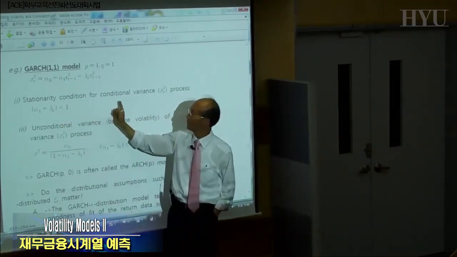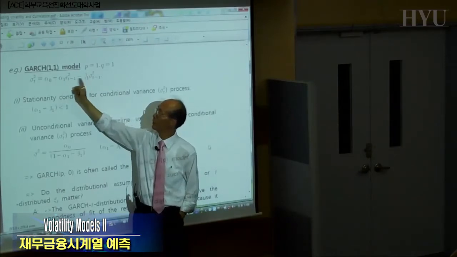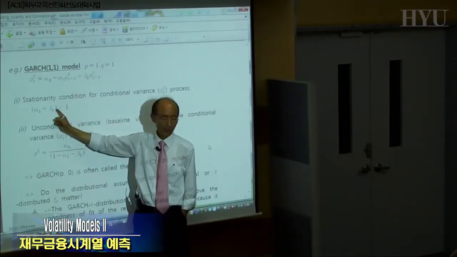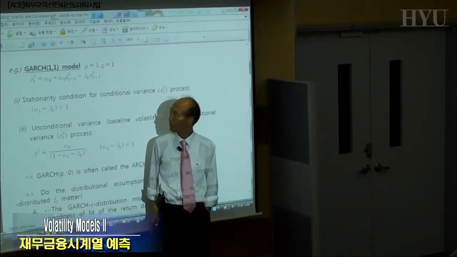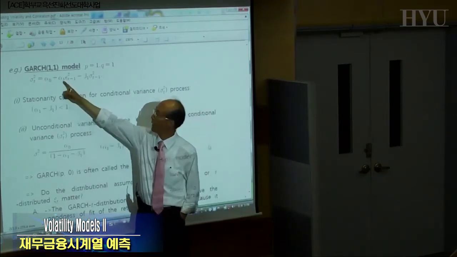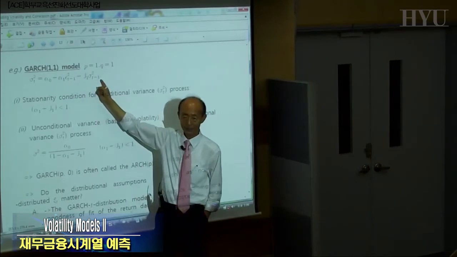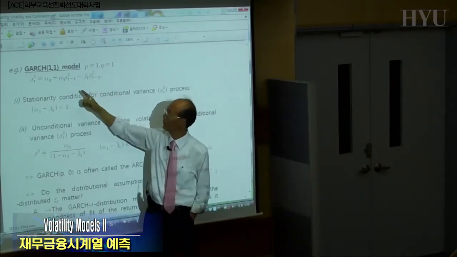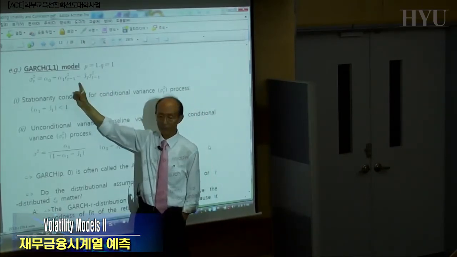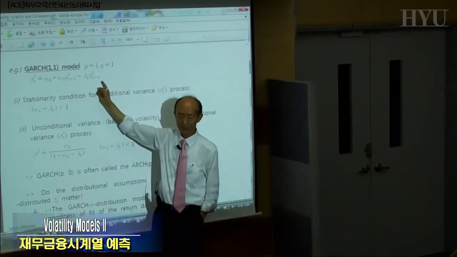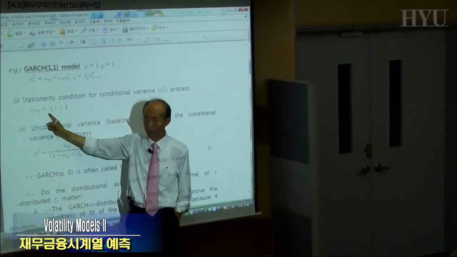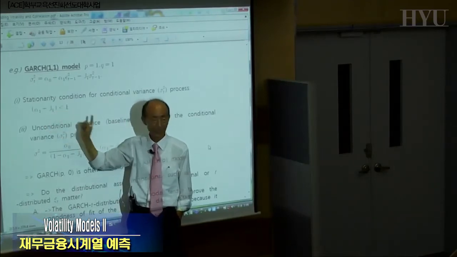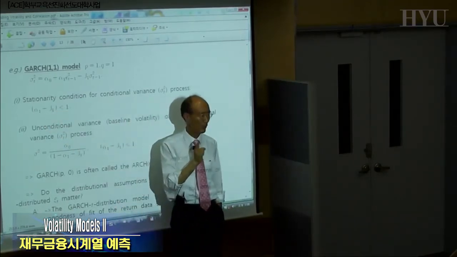That is, the sum of these parameters is less than 1. Very simple, right? If you have more lags here, more lags there, the same thing: the sum of all alphas plus the sum of all betas is less than 1. That's the condition.